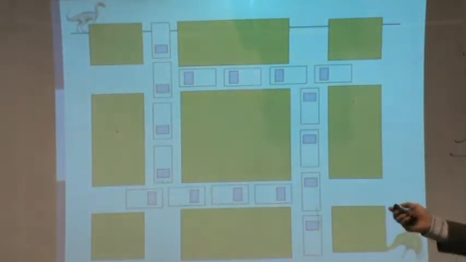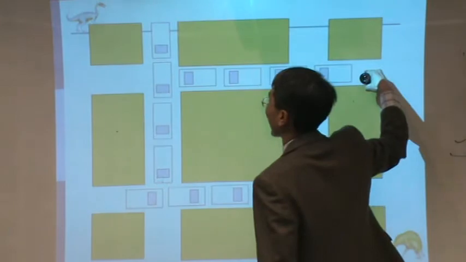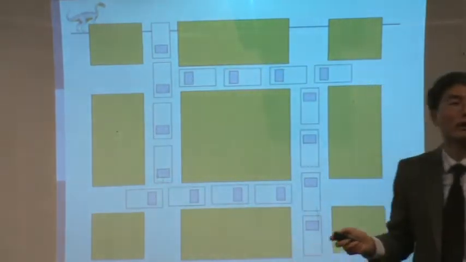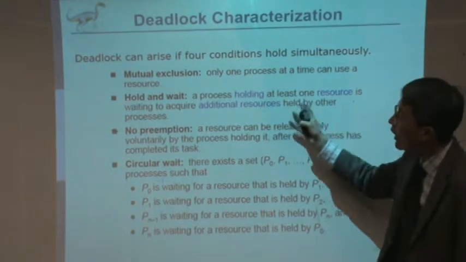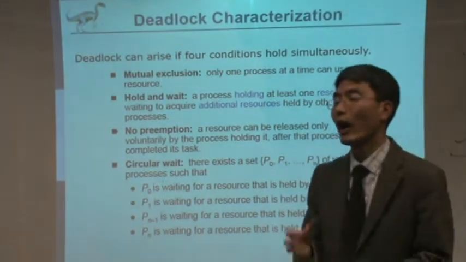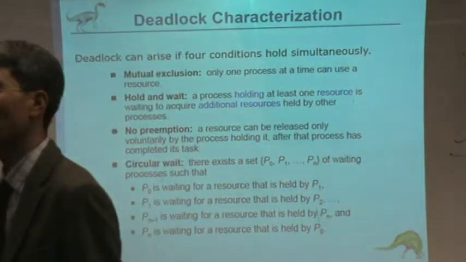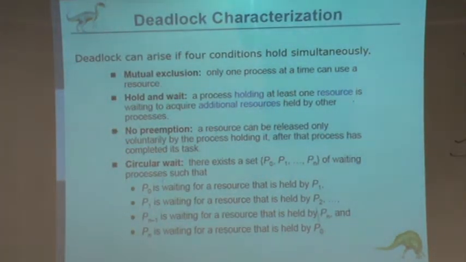But in a deadlock, they can never back up, so that may cause the deadlock. Is that enough? No. One more thing is that they are waiting, so we have hold and wait. I'm holding the resource and waiting. He's holding the resource that I'm requesting, but he's requesting another, and another, and so on. Then what happened?